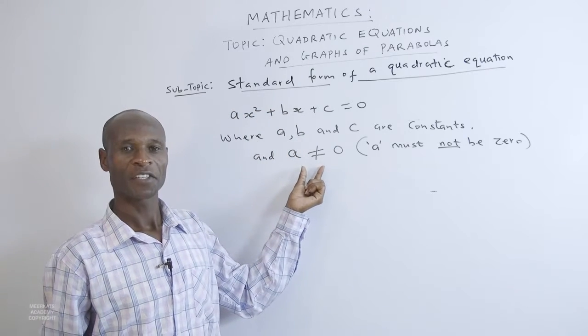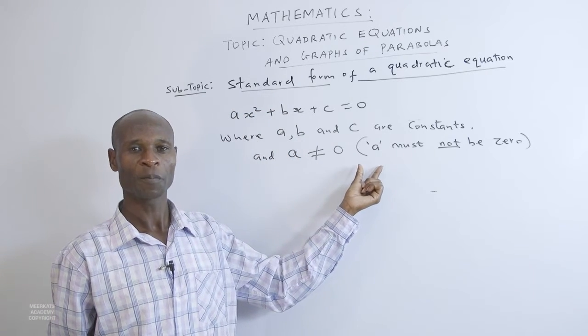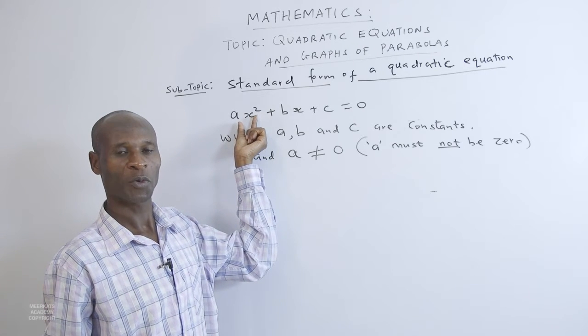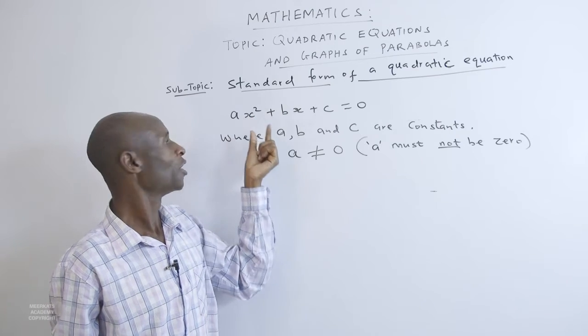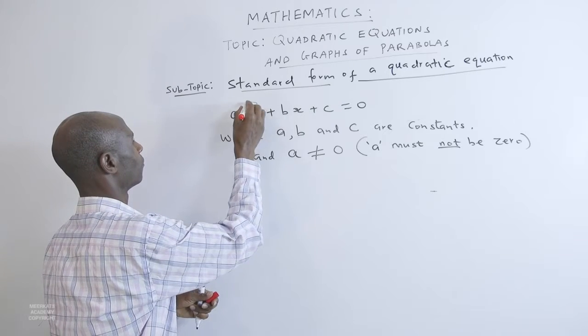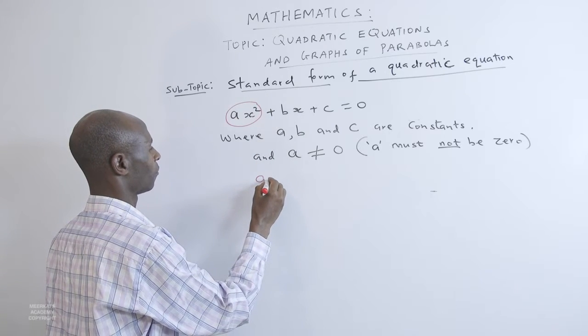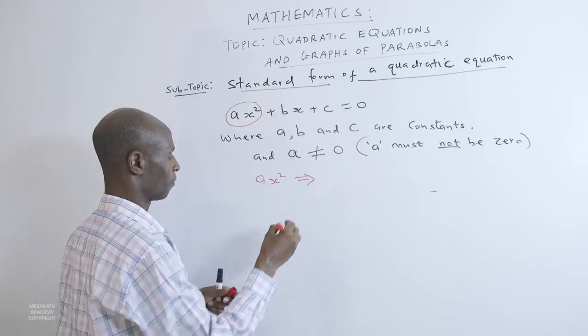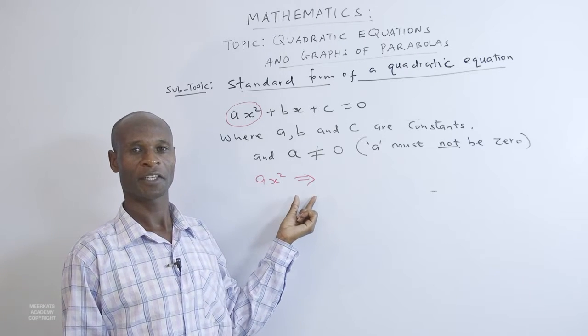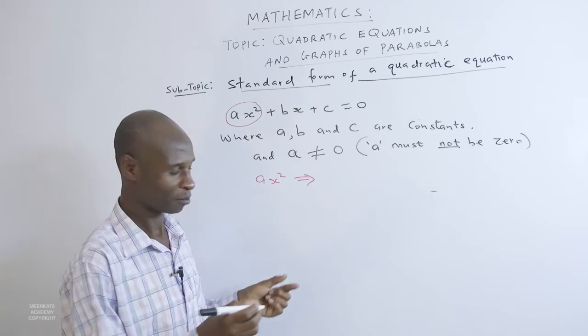So in this case, if A is not equal to 0, it implies that the term x squared will exist. So the first term, ax squared, is referred to as the quadratic term.